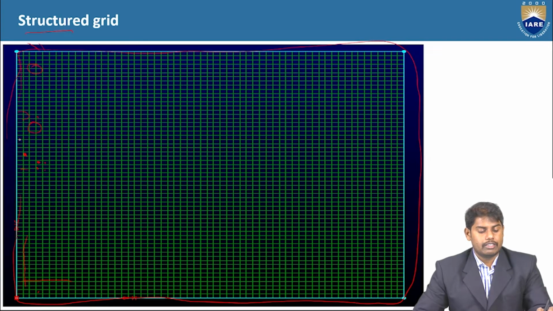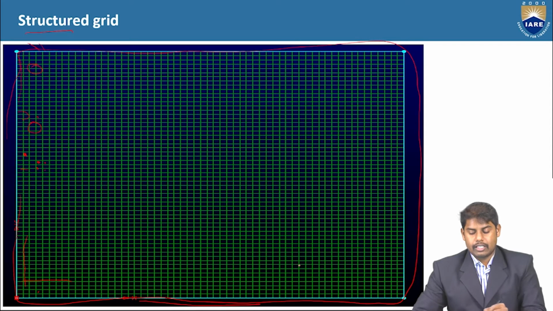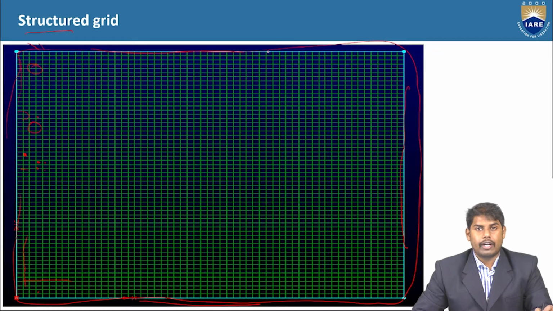Here you can see this is one edge length, and this is one edge length, and this is one, and this is one. So we have four edge lengths for this entity. We call these four boundaries. For these boundaries we need to give conditions, so these are called boundary conditions to simulate the fluid flow.